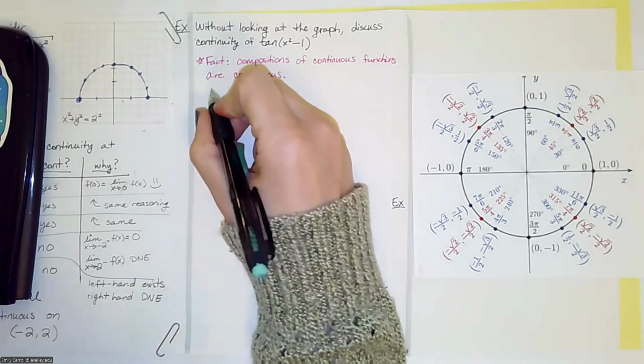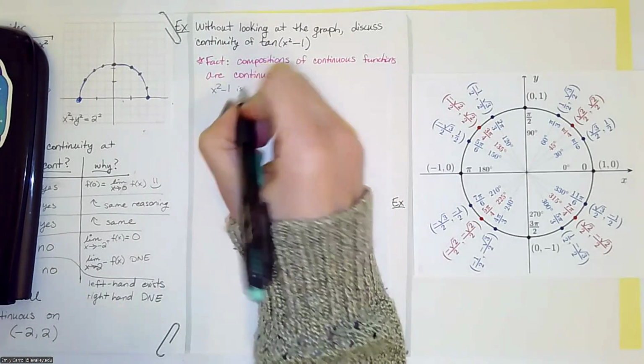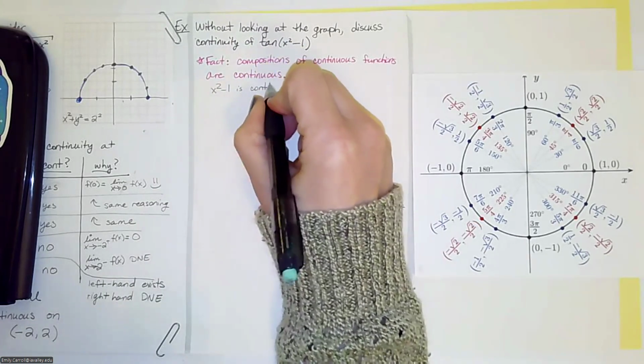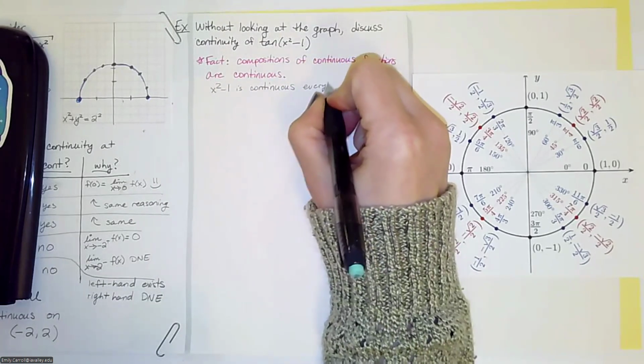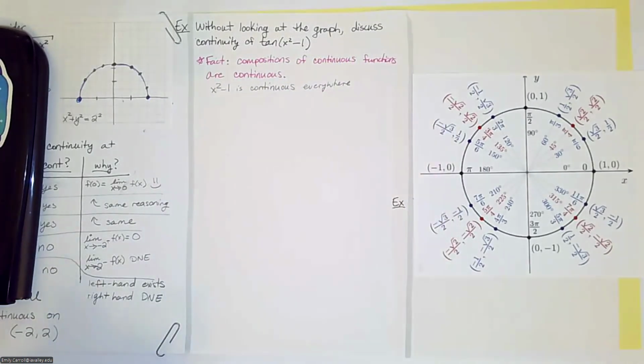X squared minus 1 is continuous everywhere. Tangent is not.